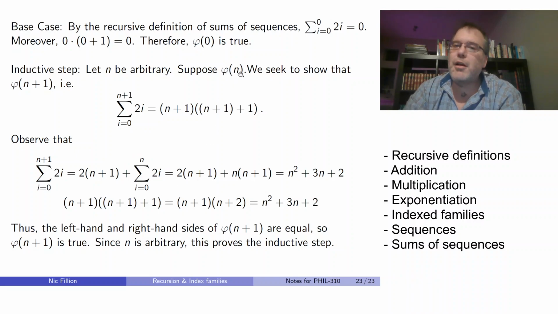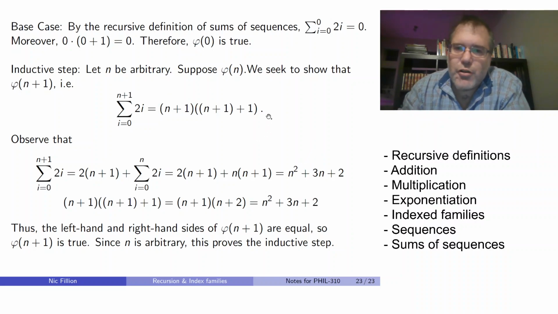Now remember, my inductive hypothesis is that the equation holds true for n, right? So this element here is known to be equal to n times n plus 1. So I replace it, substitution of identicals. And now I have that here. And now earlier on, we've proved everything about multiplication and addition which is needed to simplify that expression. And it gives me n squared plus 3n plus 2.